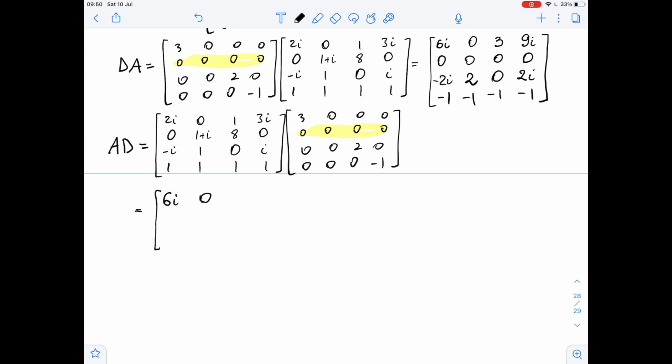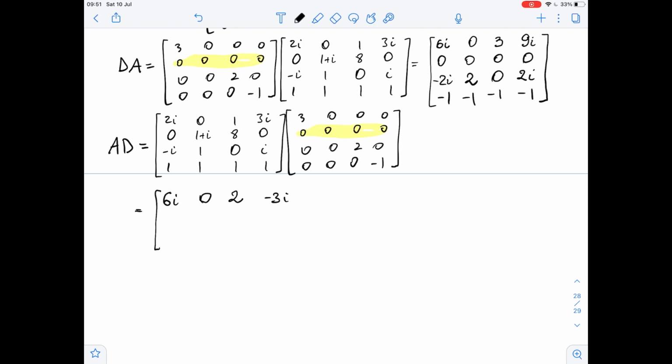then next we get 2i times 0 plus 0 times 0 plus 1 times 2 plus 3i times 0, so it's 2. And next we get 2i times 0, 0 times 0, 1 plus 0, 1 times 0, and 3i times -1, so -3i.